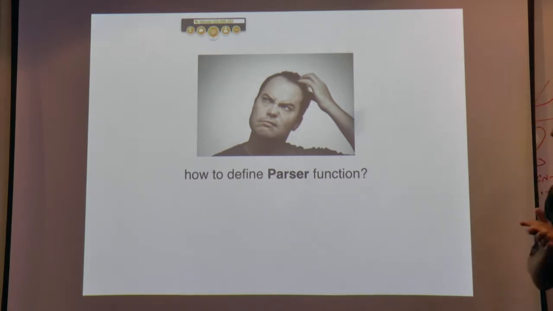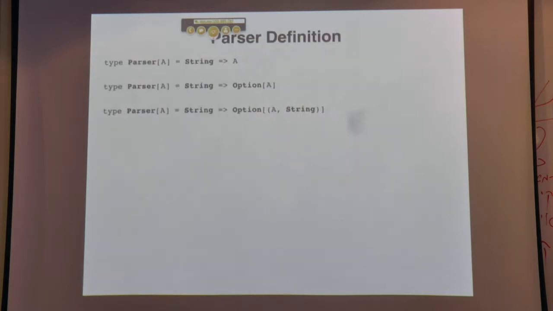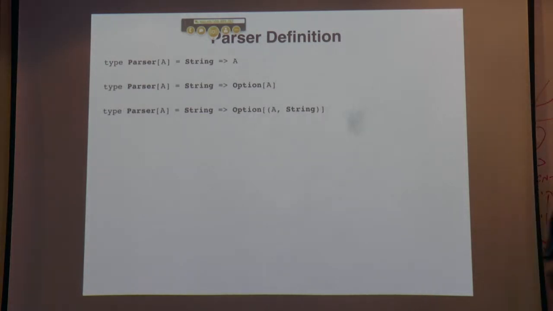We are talking about some naive parser. You know, it's a function. If you have a hammer, everything looks like a nail. If you're a functional programmer, everything looks like a function. So let's define it this way.